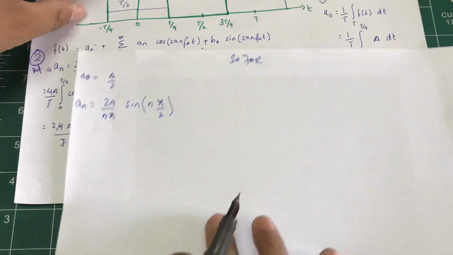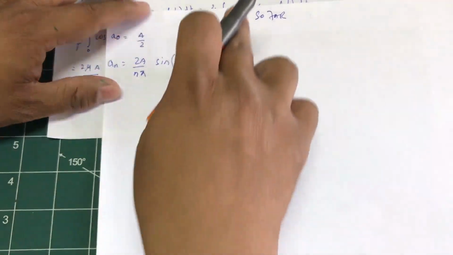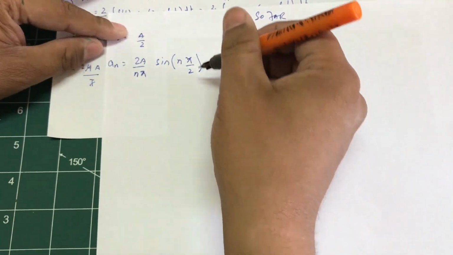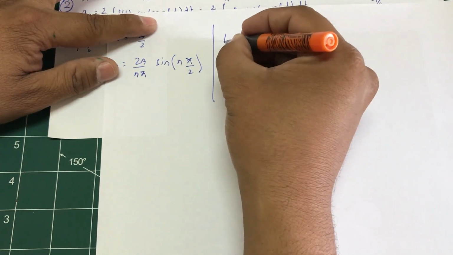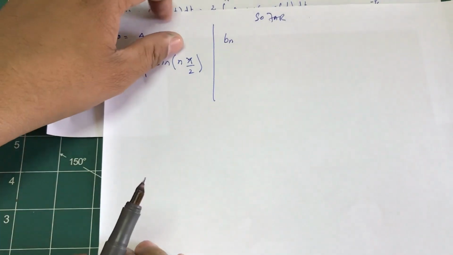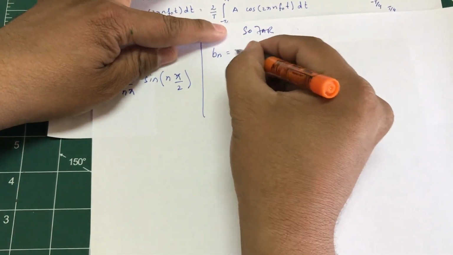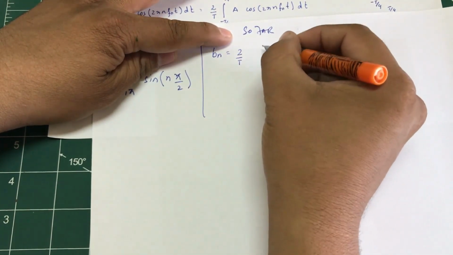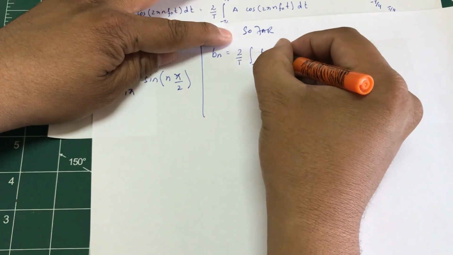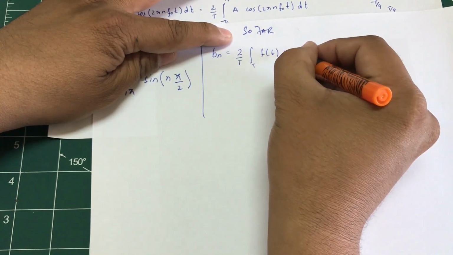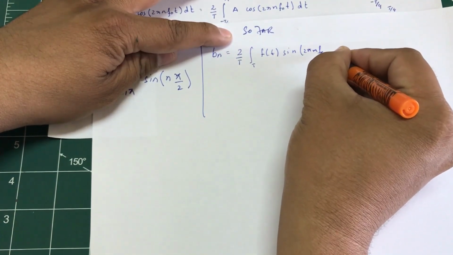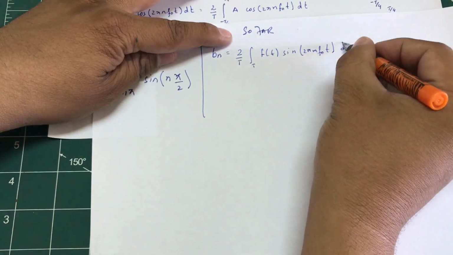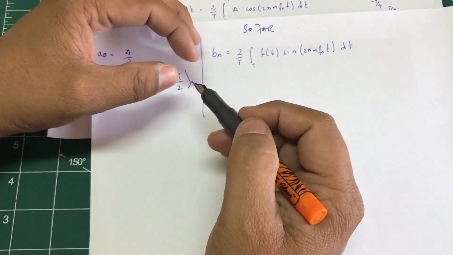All right. Now we need to calculate bn because bn is also there. So in order for me to calculate bn, here's the formula: 2 over T, integral of f of t sine 2 pi n f0 t dt.